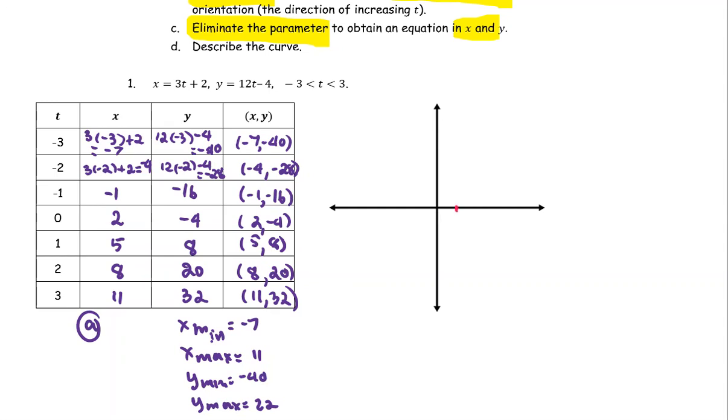Let's make this an increment of 2 for the x. And then the y is gonna be adjusted with an increment of 10.